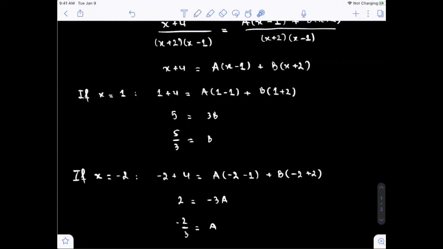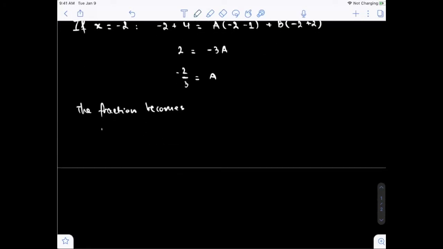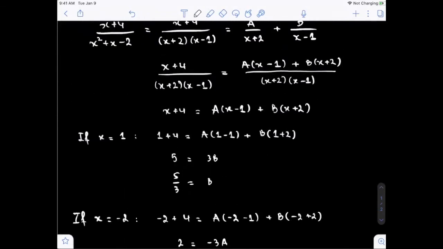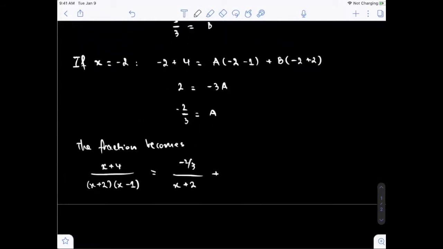I see that when x equals 1, this term becomes 0, so I can obtain B automatically. When x equals negative 2, this term becomes 0, then I can obtain A. So you have A, you have B. The fractions become x plus 4 over x plus 2 times x minus 1 equals negative 2 over 3 divided by x plus 2 plus 5 over 3 divided by x minus 1.